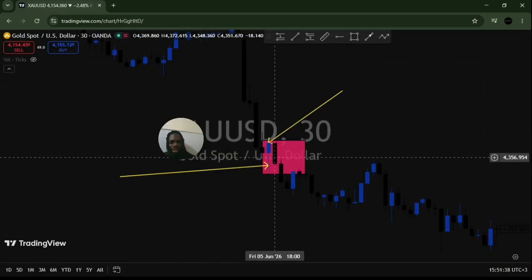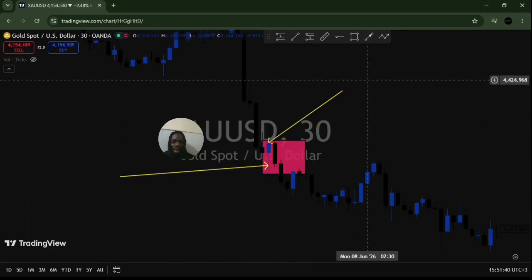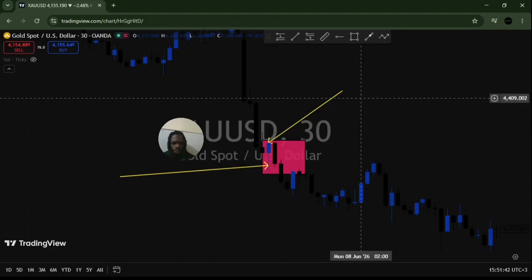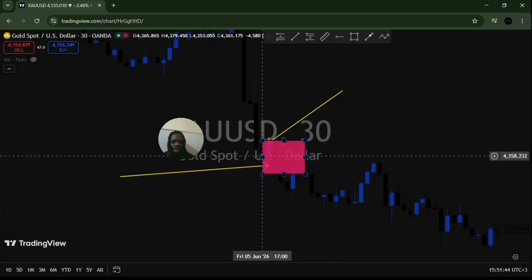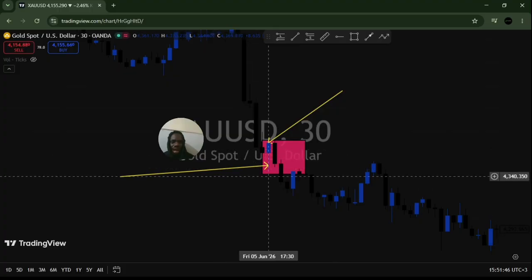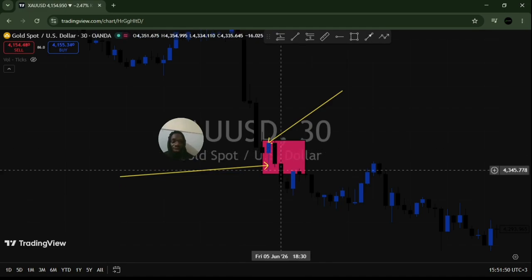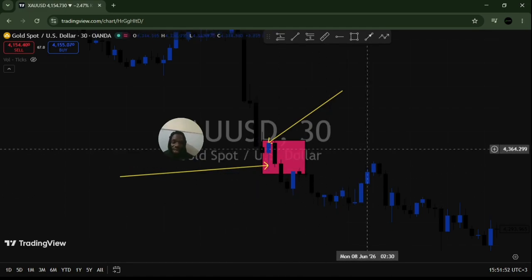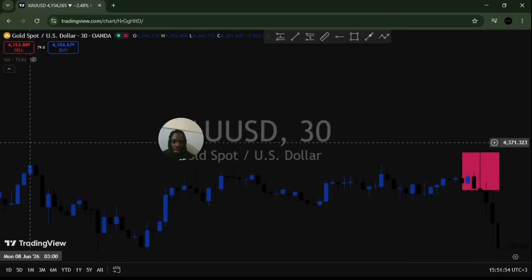Now this next candle, again, it had to fill the wick. So it means that this candle had unfinished business. So this candle had to come down to fill this wick again to continue in another direction.